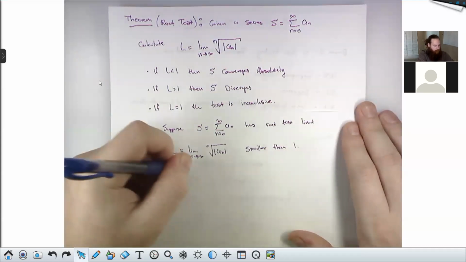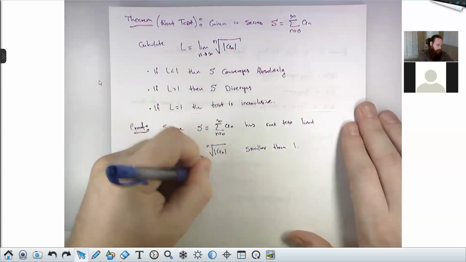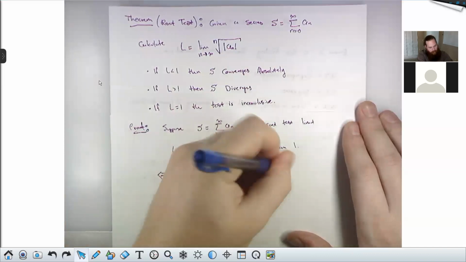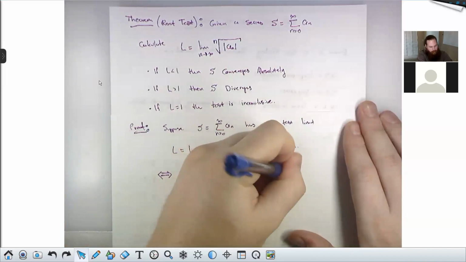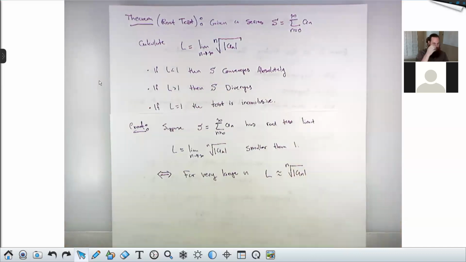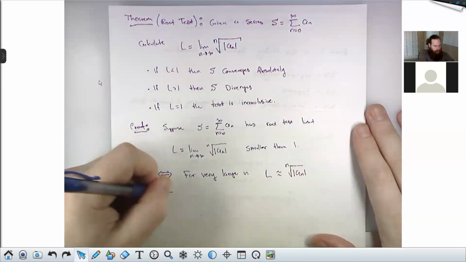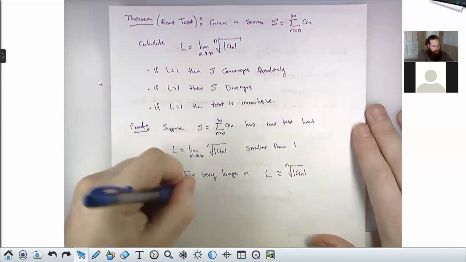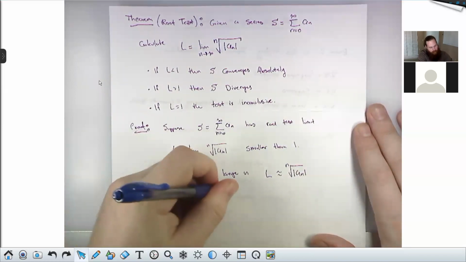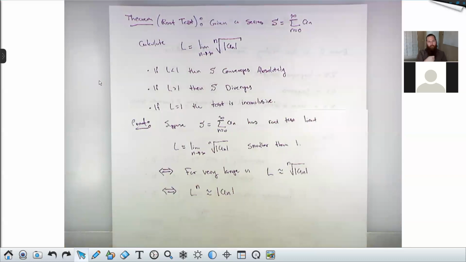This means that for large n, or very large n, L is approximately equal to the nth root of the absolute value of a_n. Which means L to the n is approximately equal to the absolute value of a_n. All right, I just take this statement and I raise both sides to the nth power.